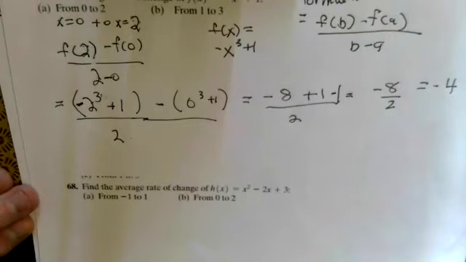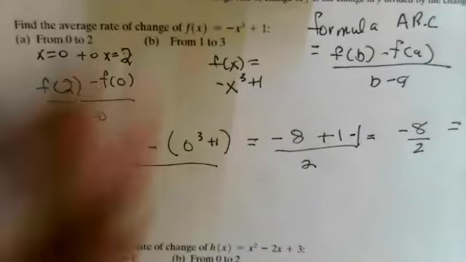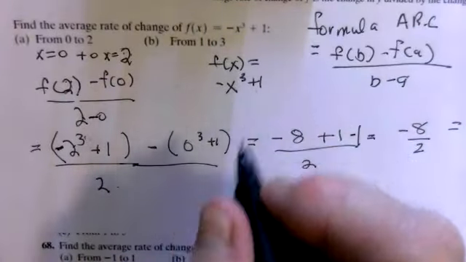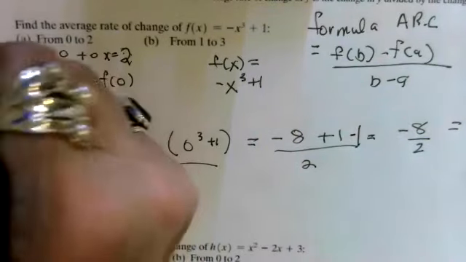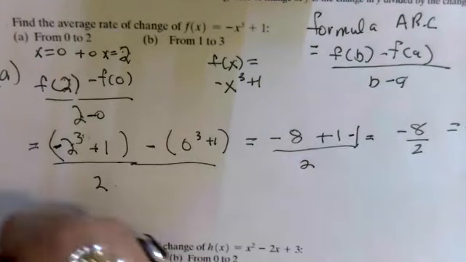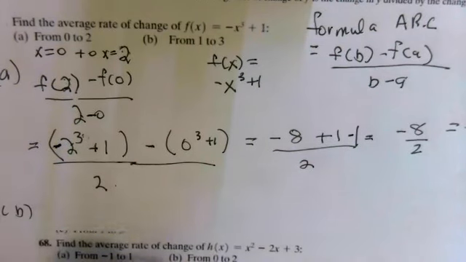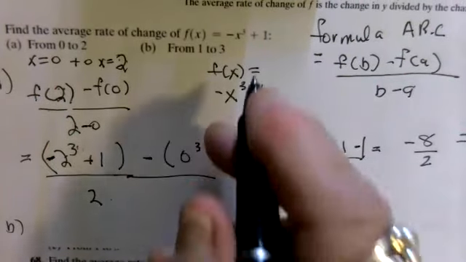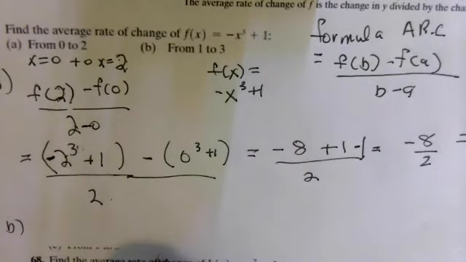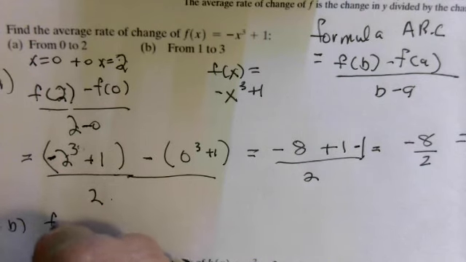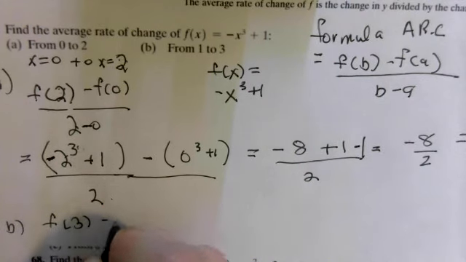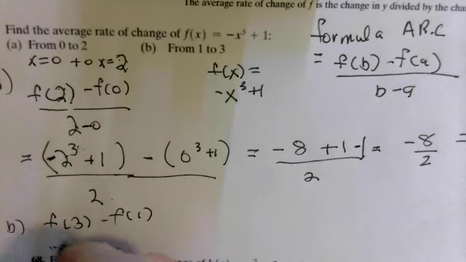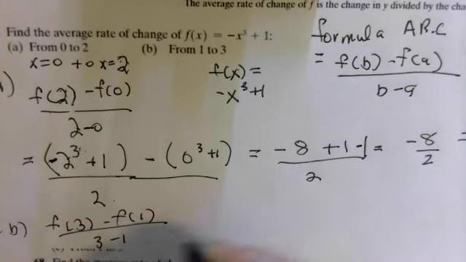Okay, now we want to find the average rate of change from 1 to 3. So that was the A part. Let me see if I can get the B part in somewhere. For the B part, we know the formula and we know the function, so we're just going to go straight to it. We're going to find f of 3 minus f of 1 over 3 minus 1.